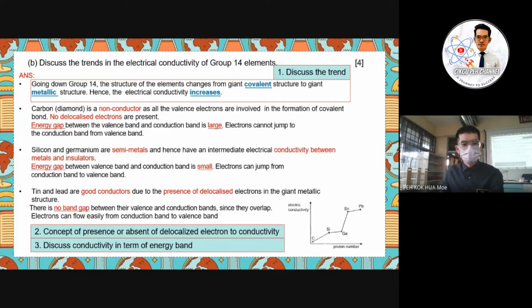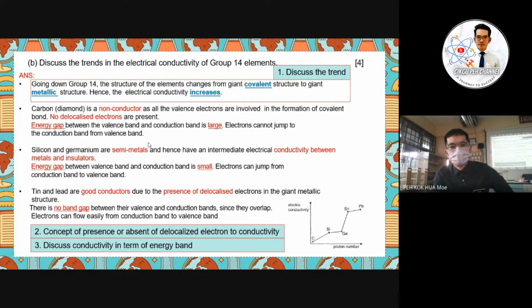And then the last one is the discussion regarding tin and lead, which are good conductors. There is no gap between the valence and conduction band, so the electron can flow easily from the conduction band to the valence band. So actually here we have more than 4 marks' worth of points already.